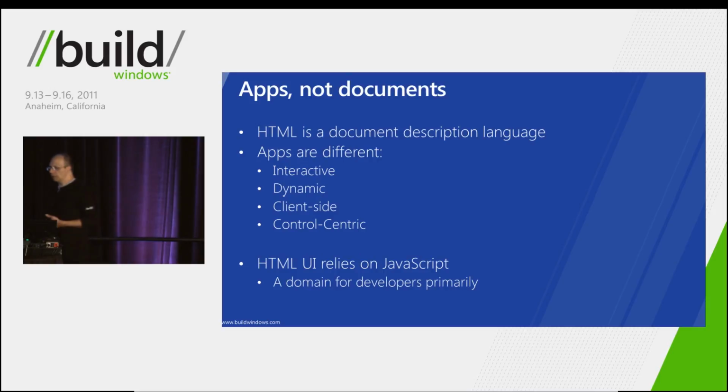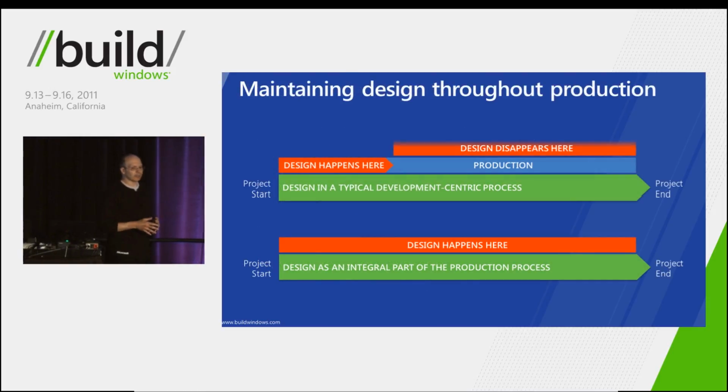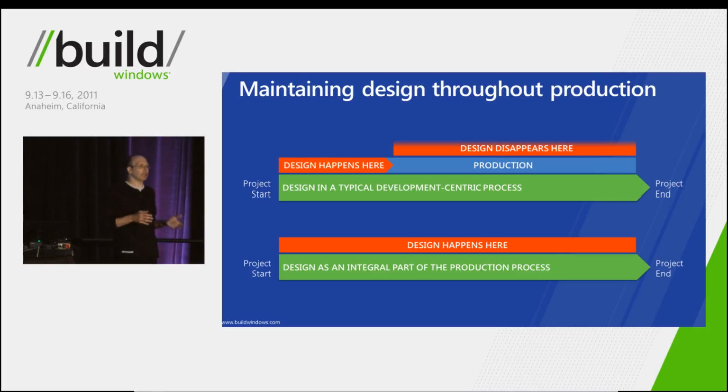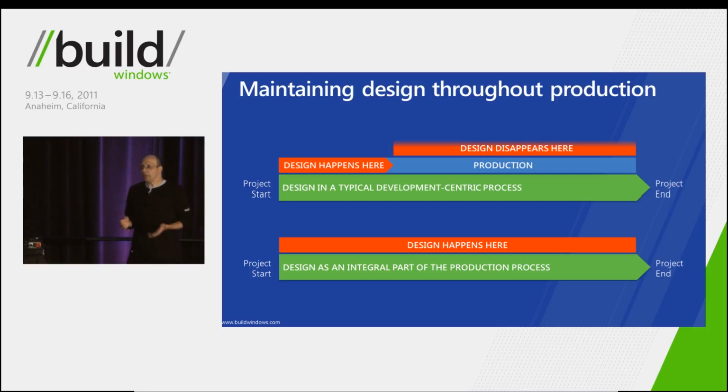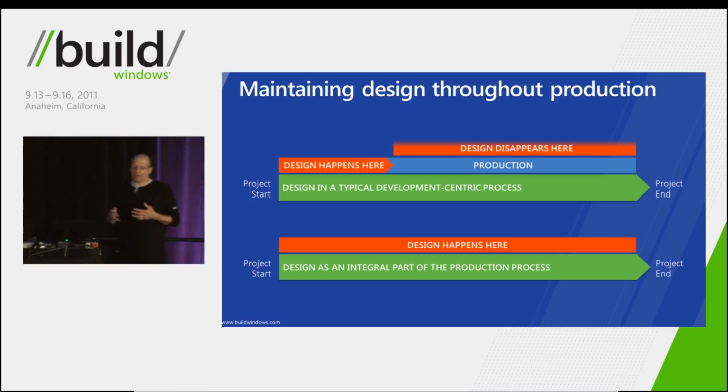That, in turn, has an impact on design in the process. Once production of an app becomes entirely code-centric, design is often at risk to be diluted or to disappear. One reason is that design is really a mindset. But in a code-centric process, there are also many less opportunities for the stakeholders of design to participate directly in the process.